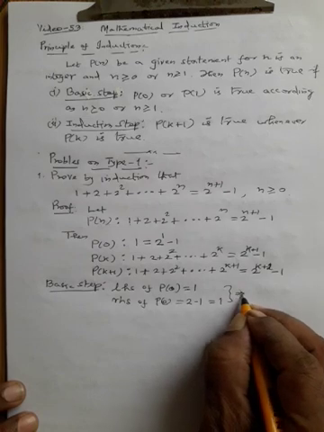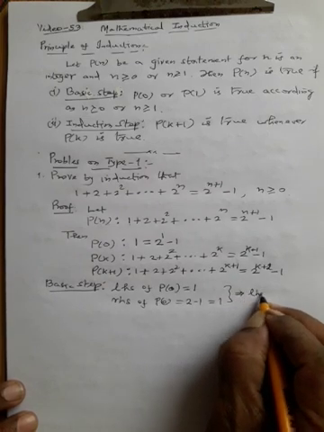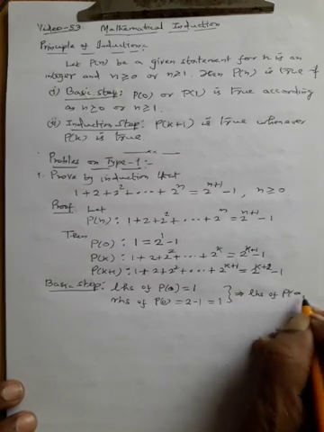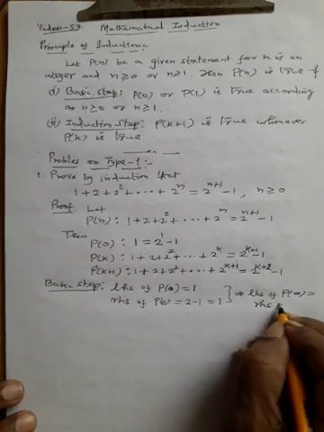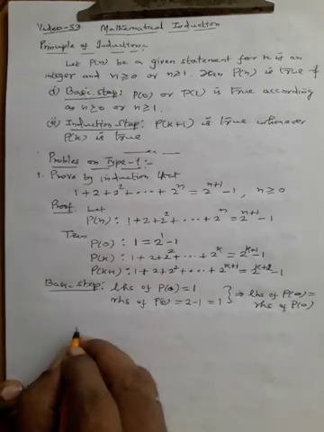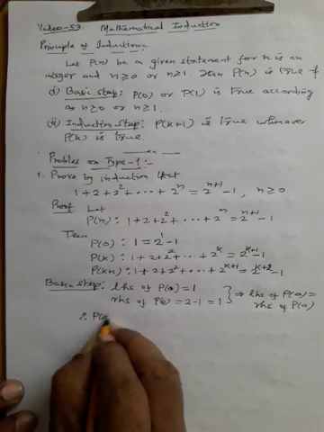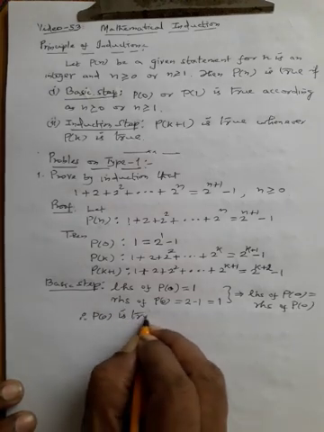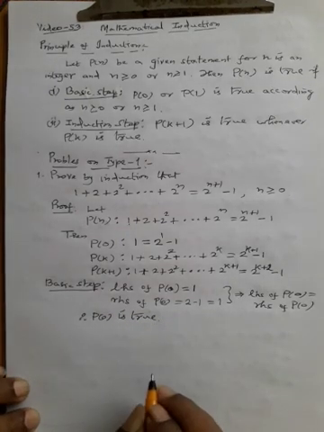So this implies LHS of P of 0 equals RHS of P of 0. Therefore, P of 0 is true. That is the basic step.